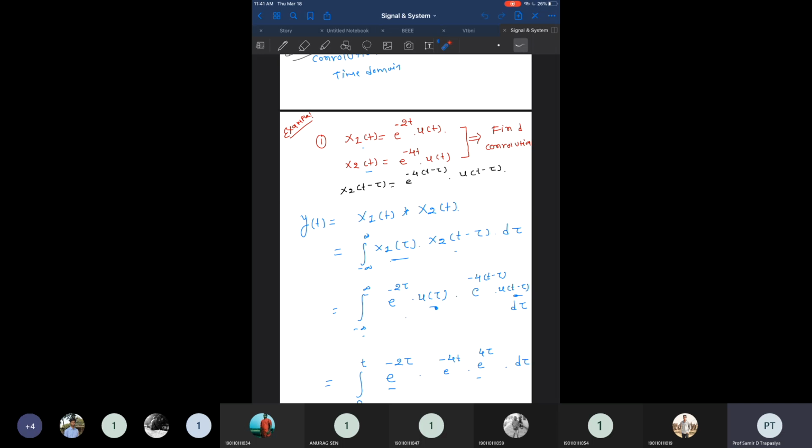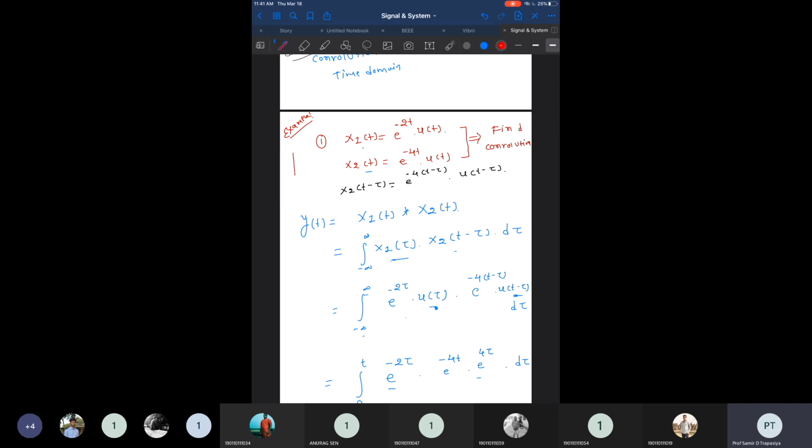So the first very important part is that we have been given two signals, x1 of t and x2 of t. x1 of t is given as e raised to minus 2t into u of t, and x2 of t is given as e raised to minus 4t into u of t. U of t represents that the signal is starting from 0.